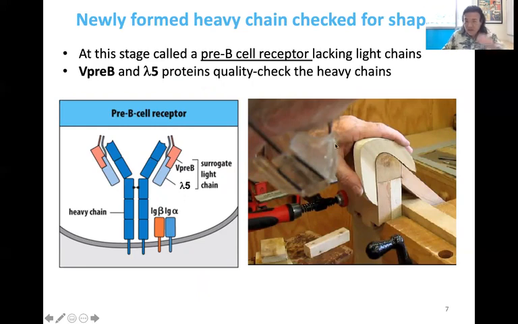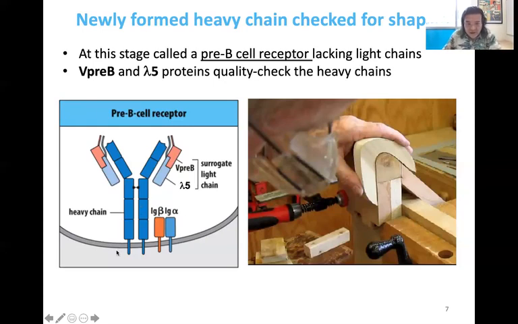In this case, he has this piece of wood that he knows is exactly the right angle that he's shooting for this particular joint. After he puts this joint together, he fits this to make sure, yep, that's a good angle, that's the one that I need. And this way he can very efficiently make a whole bunch of these different corners for the table. So the developing B cell does a very similar thing.